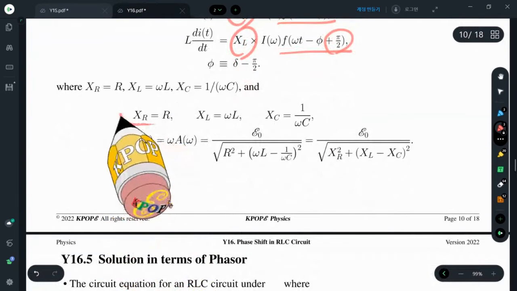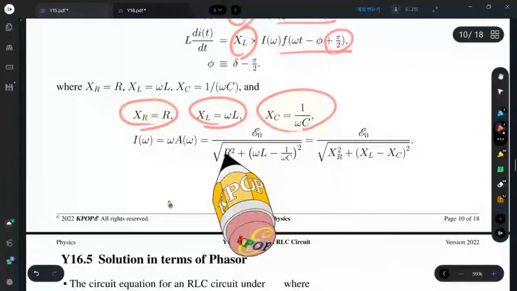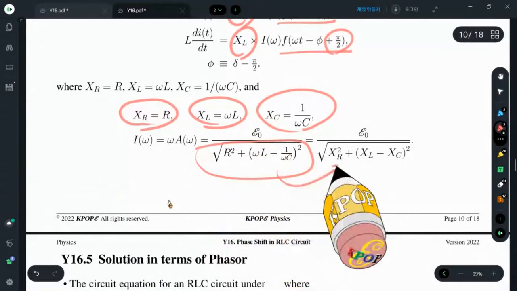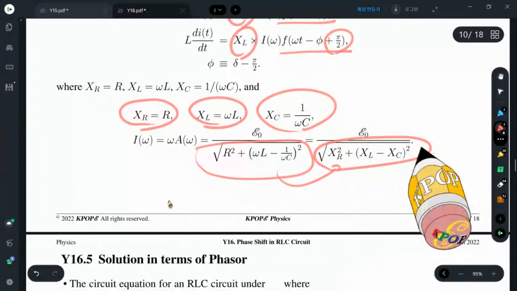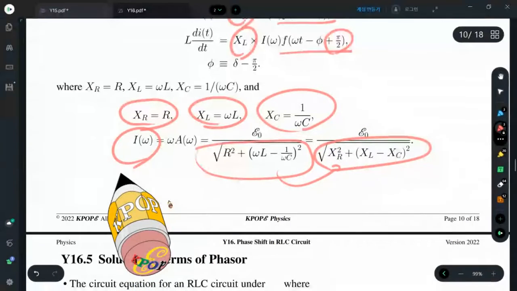So we have learned reactances and impedance expressed in terms of XR, XL, and XC that determine the amplitude for the current completely.